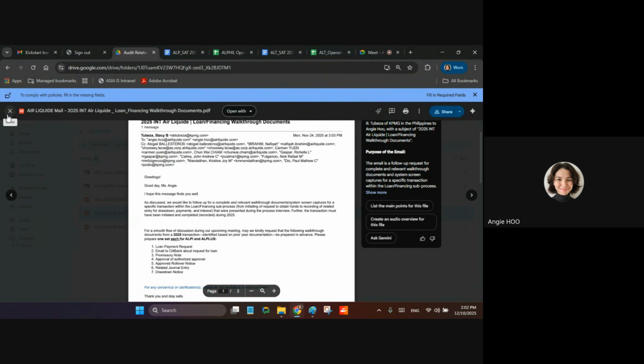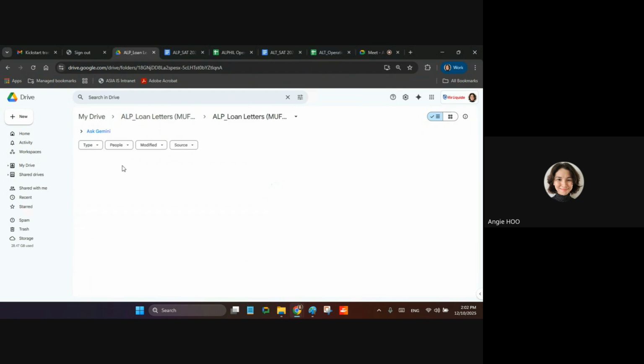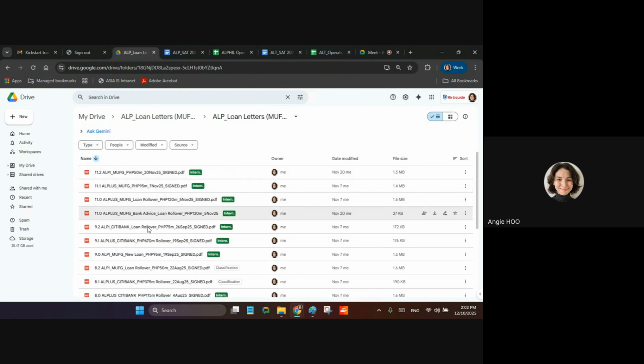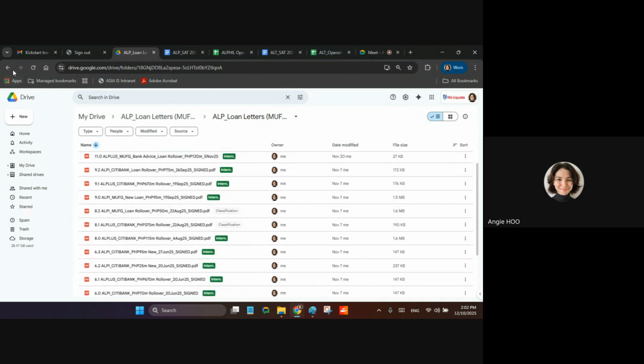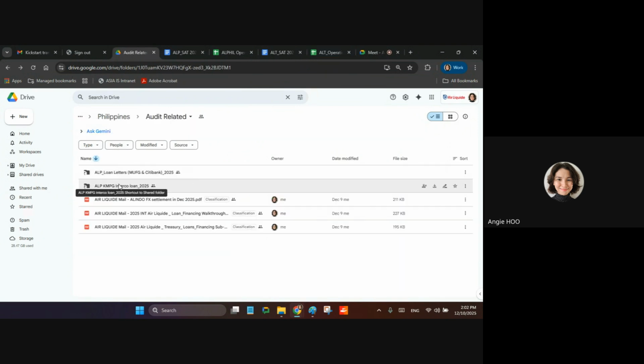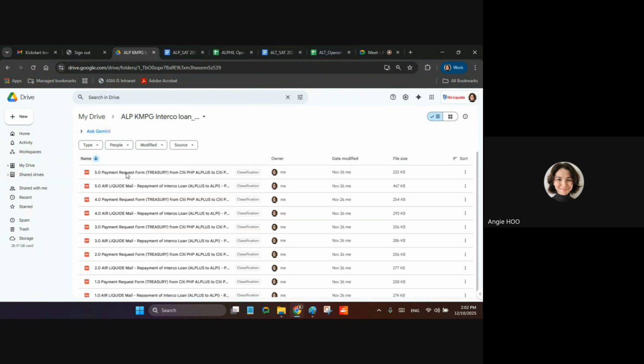So far they have not come back to us with any questions. What we uploaded to Kara, as you can see here, are the loan drawdown documents. Number two, these are the intercore documents that we have as proof after our walkthrough with KPMG, and these are also uploaded to Kara.